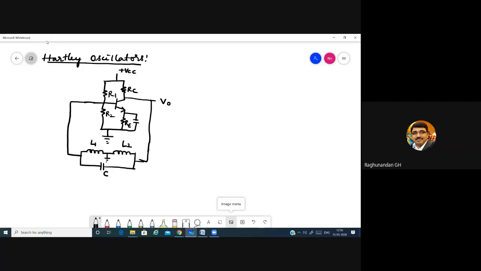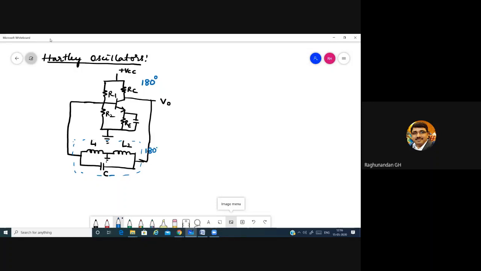Now, as we know, this is already a CE configuration amplifier which is able to produce 180-degree phase shift. We are going to use this feedback network, which again produces 180-degree phase shift.